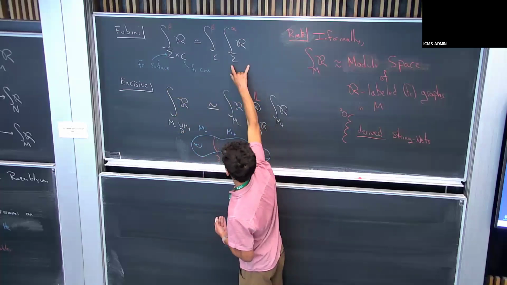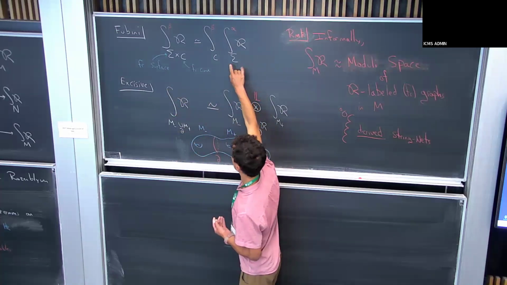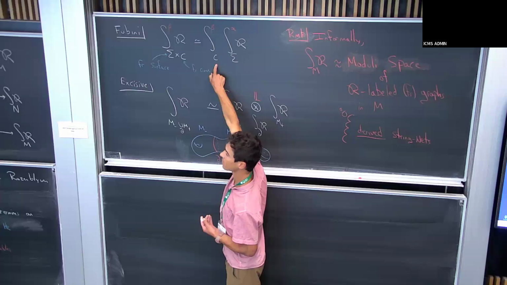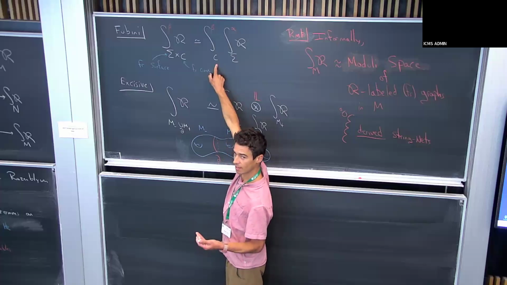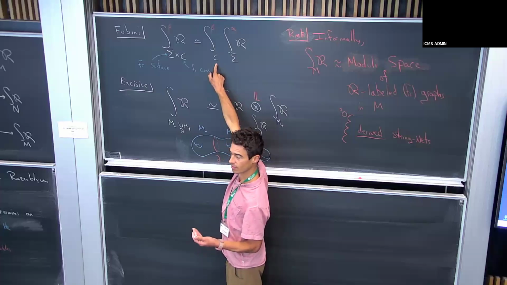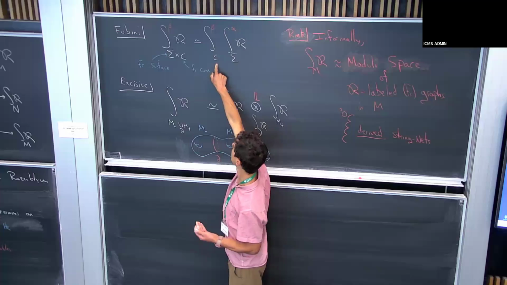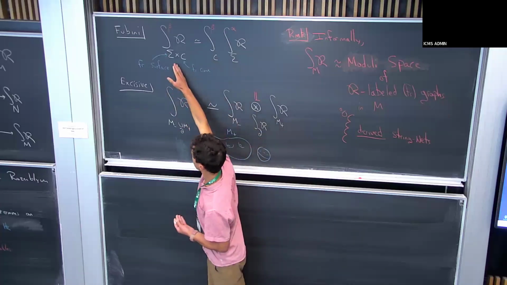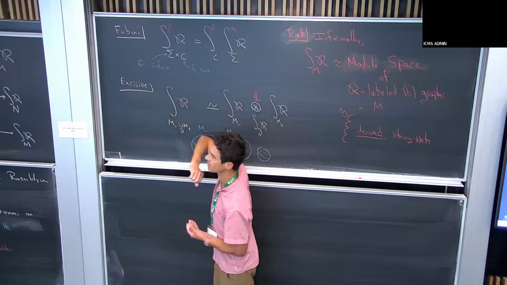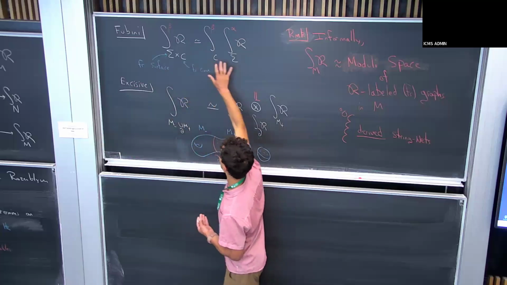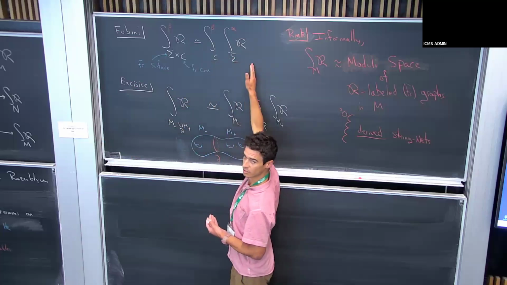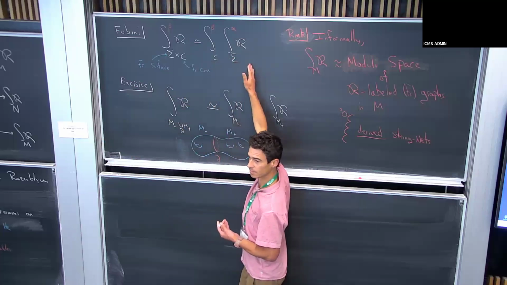The output of that is a category. And then you can apply the beta factorization homology, which is essentially the Hochschild homology, the case where C is just a circle, to that. So the left-hand side is the new thing being discussed in this talk. The right-hand side is a concatenation of previous constructions.